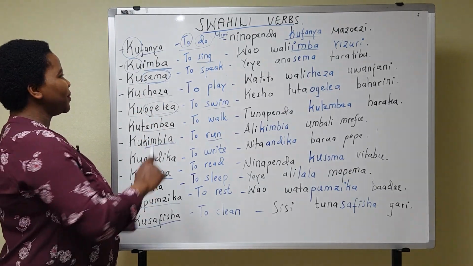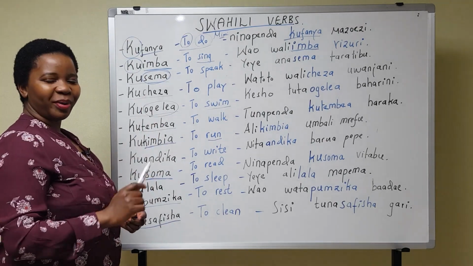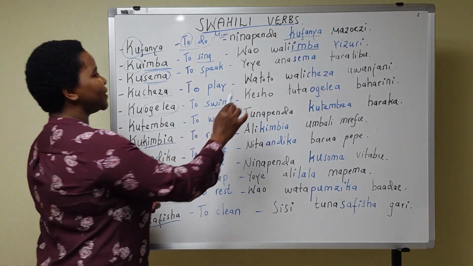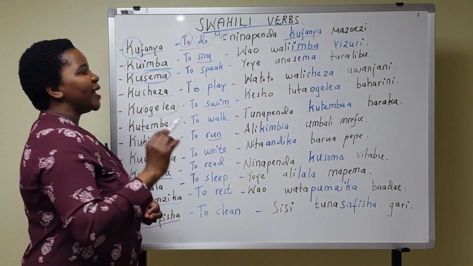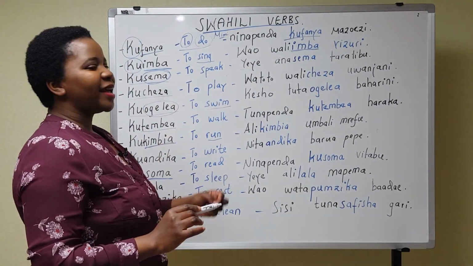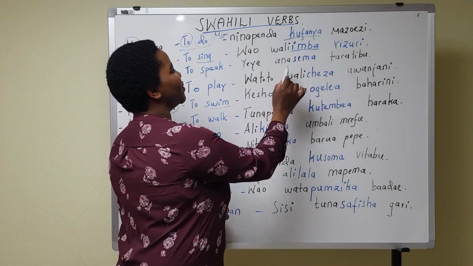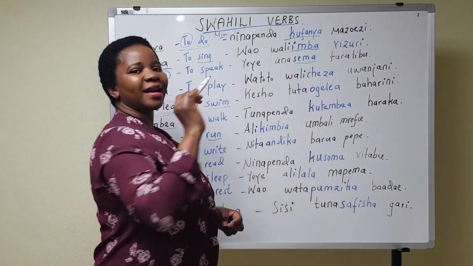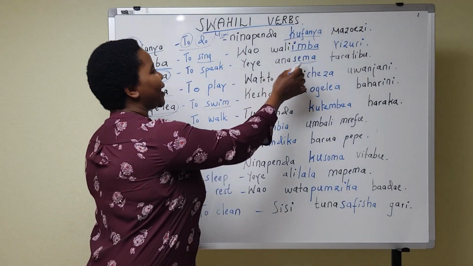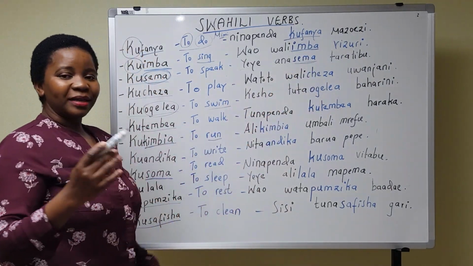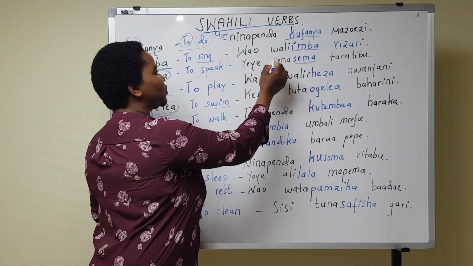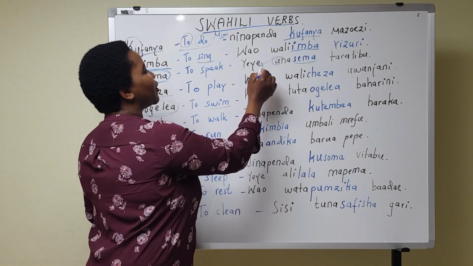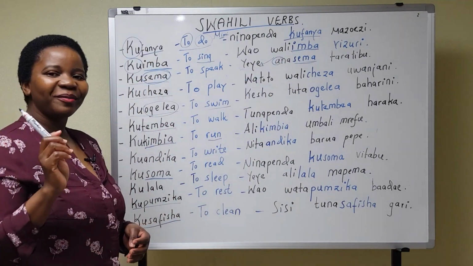Kusema is to speak, okay? And this is our example here. Yeye anasema taratibu. You can say anasema taratibu. It's okay because the verb tends to represent the personal pronoun yeye. Do you remember?